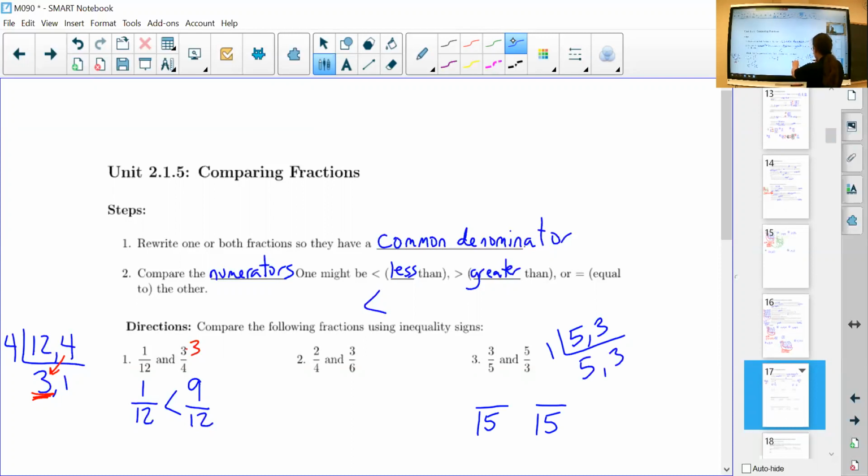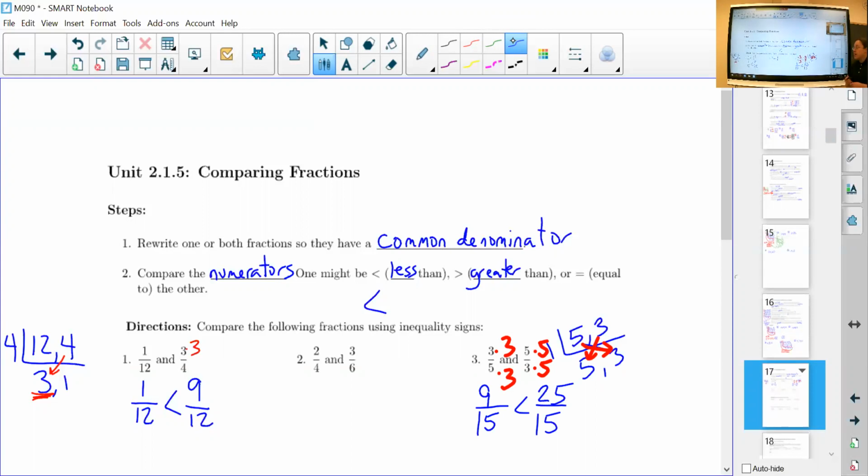So for the first fraction, I've got a 5, I need a 3. And for the second fraction, I've got a 3, I need a 5. Sorry, first one goes to the 3. Times 3, top and bottom. This one times 5, top and bottom. And I get 9/15 and 25/15.